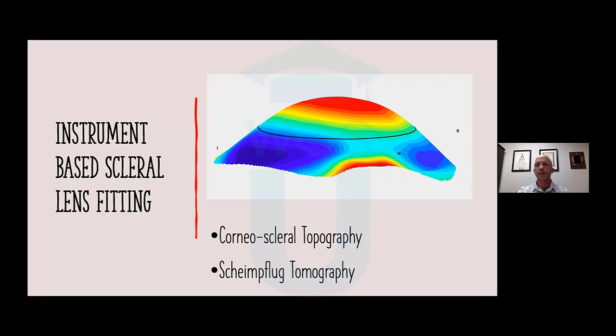Okay, now we're going to head more into the meat of the lecture. And with the next two types of instruments we're going to talk about, you're going to see that we're really able to use these instruments, these measurements, more directly for our lens design and fitting. And those two categories include corneal scleral topography or Scheimpflug tomography.